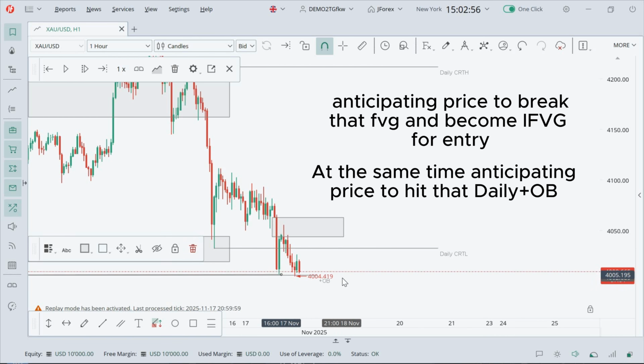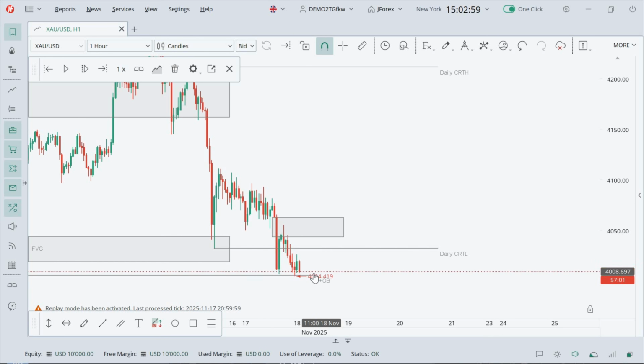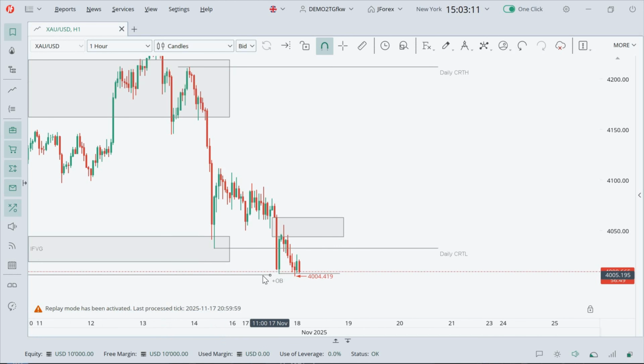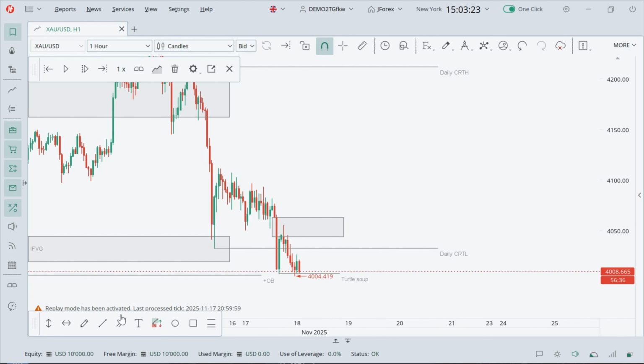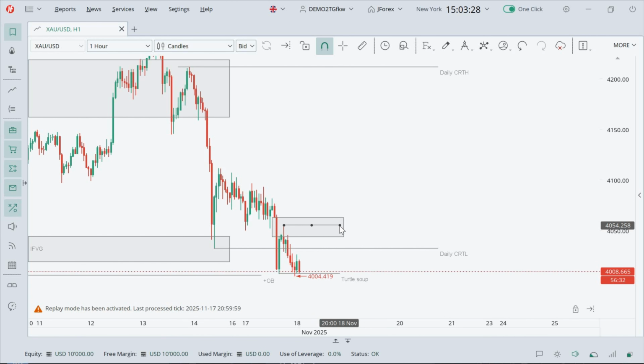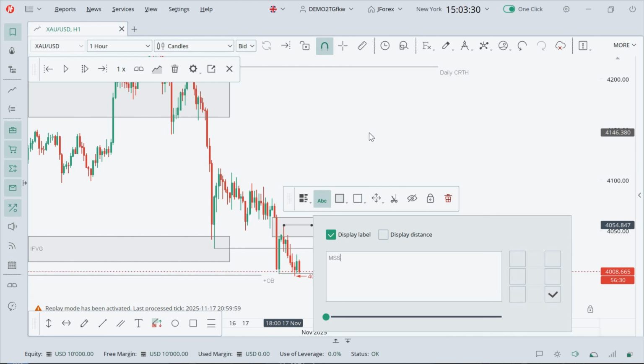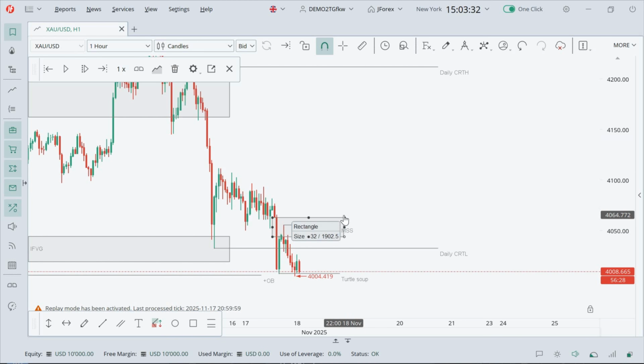Price then made another turtle body soup. Now we are expecting price to displace to the upside, indicating bullish price action, and then make a market structure shift so that we might take our buys from there.